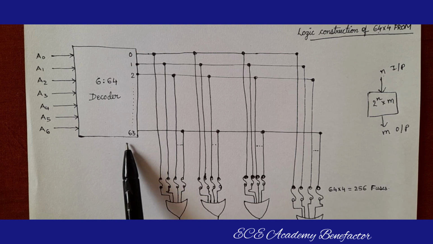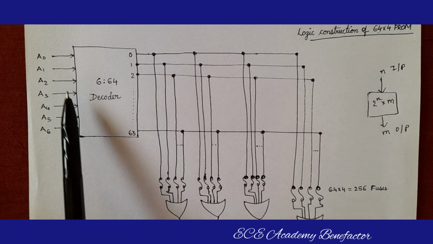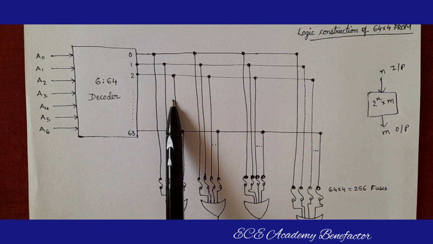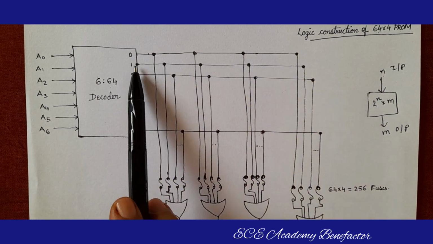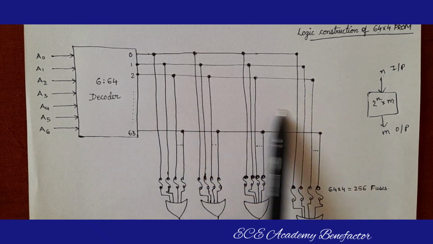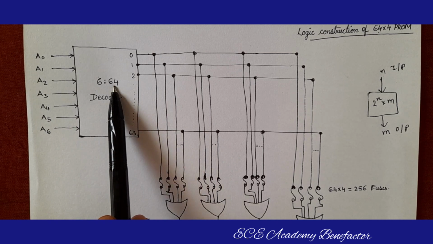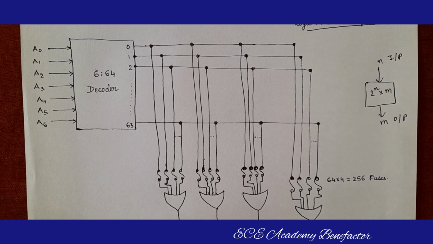So, what is a PROM? It requires 6 input lines and then there are 64 output lines of the decoder. So, let us draw the 64 lines 0, 1, 2 and likewise we can go on drawing till 63, 0 to 63 means 64 output lines. Okay. Now, we require OR gates. So, how to connect it now?